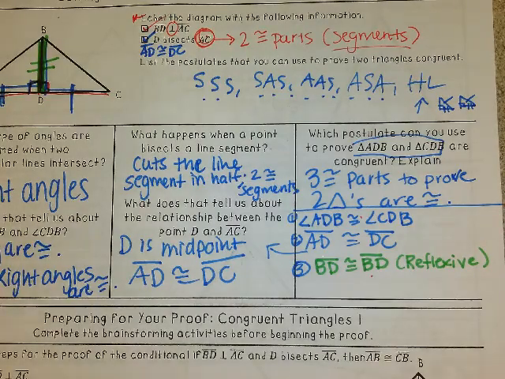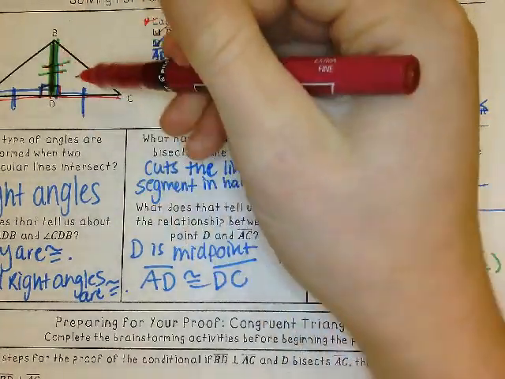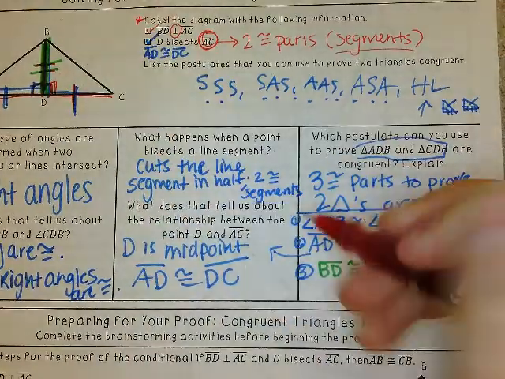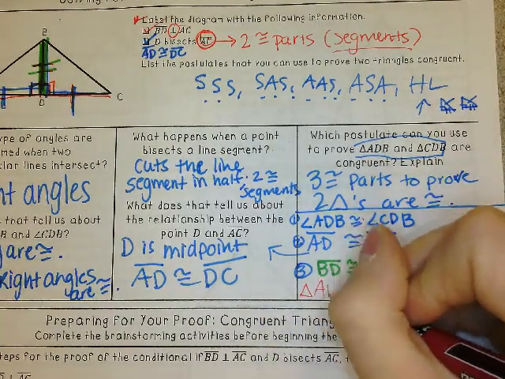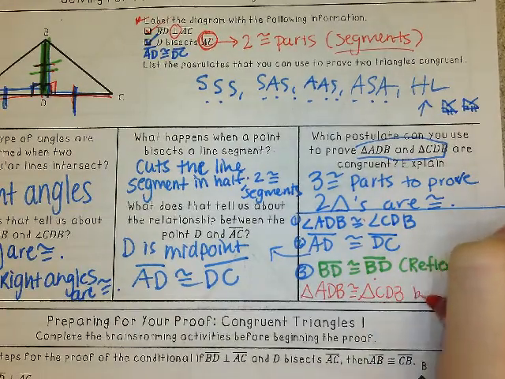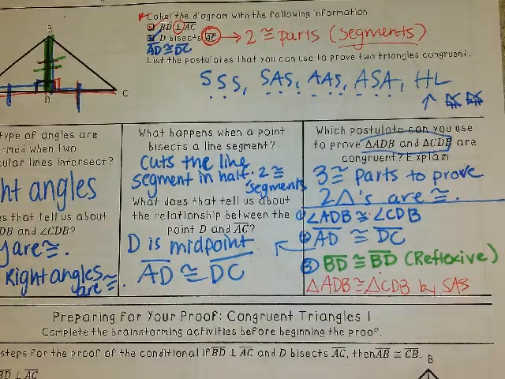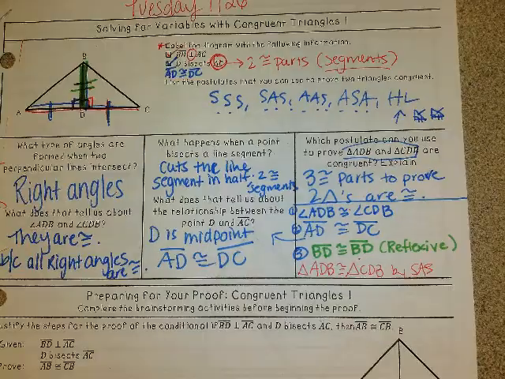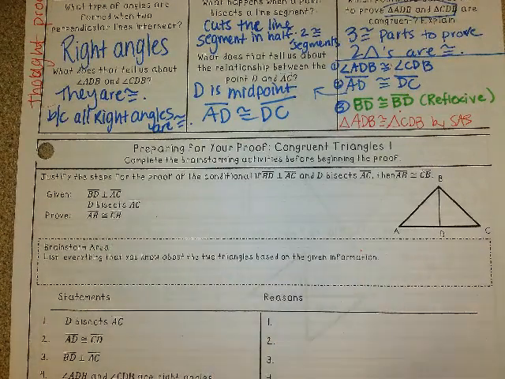Now this makes it side, angle, side. So triangle ADB is congruent to triangle CDB by SAS, my favorite. Okay, so you're going to take that information and we're going to break it apart and put it in a nice proof. Okay?